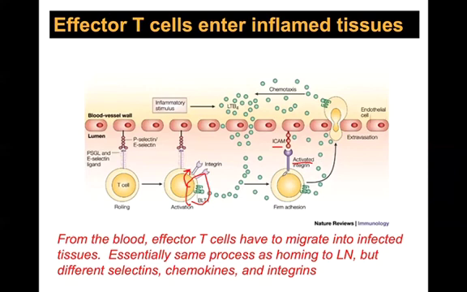That allows firm adhesion and exit from the blood into the inflamed tissues. So it's a lot like how the cells get into the high endothelial venules, but it's a different selectin, different chemokines, and it actually uses some different integrins as well.